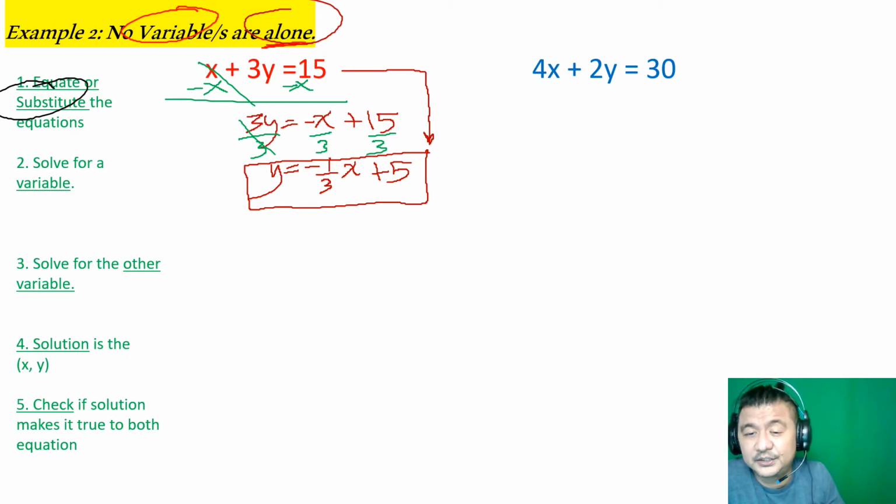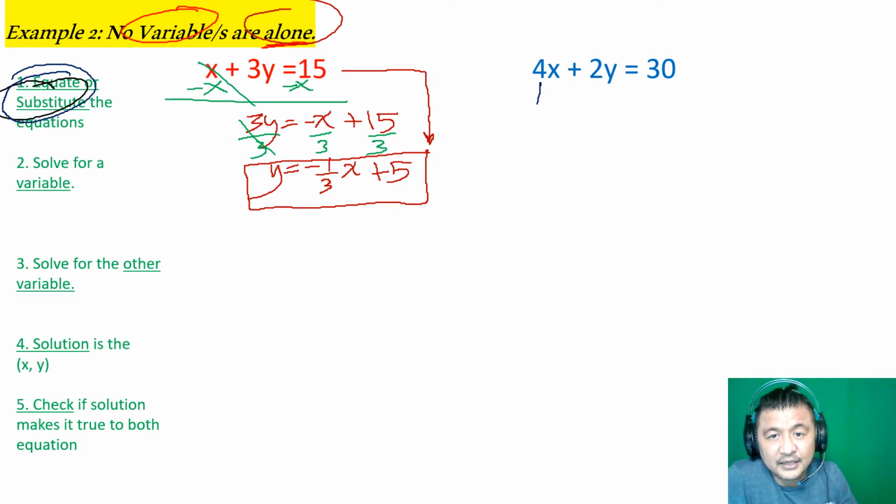Now, should the y be alone in the other equation still? You don't need to. Why? Because we will use substitution now. Okay, so check this out. I copy 4, I copy x, I copy 2. Here we go now. This is the substitution. Instead of using y, go back to here. Instead of using y, I could use the whole expression.